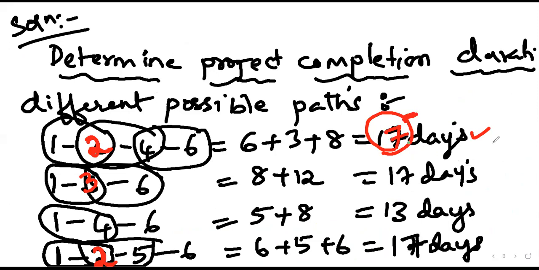So, if in the first step itself we had got 3 critical paths, then what would we have done? We would have listed all the critical activities.